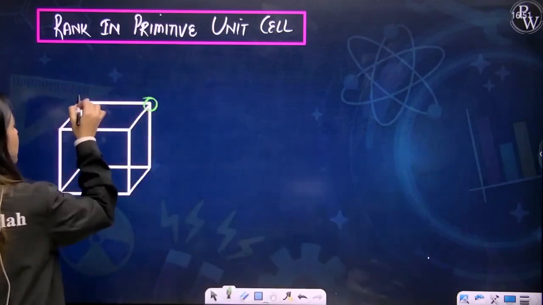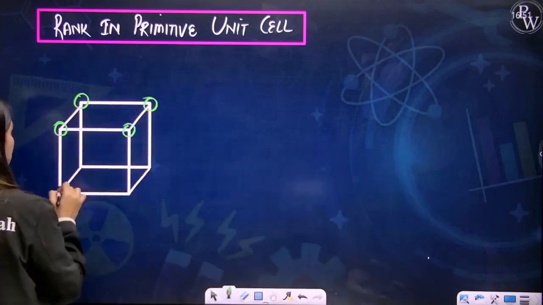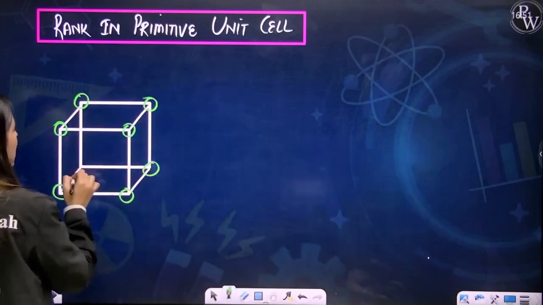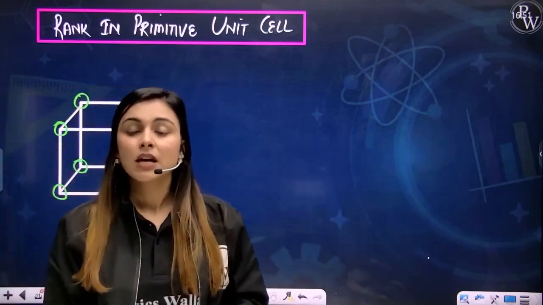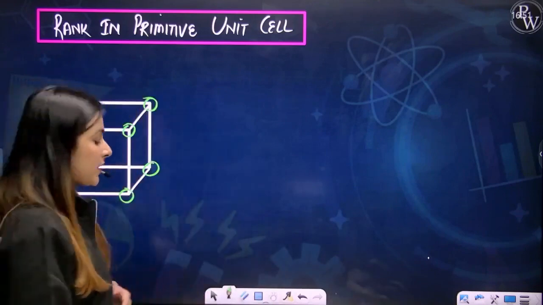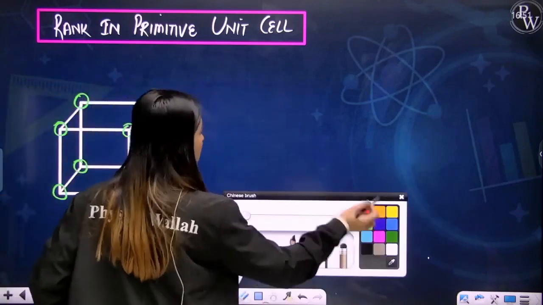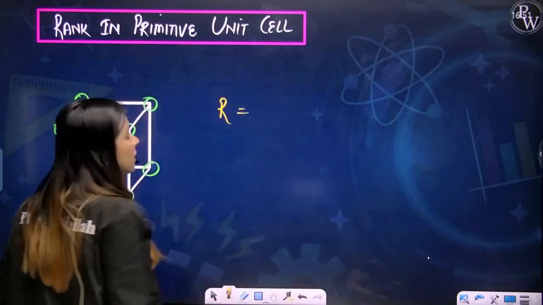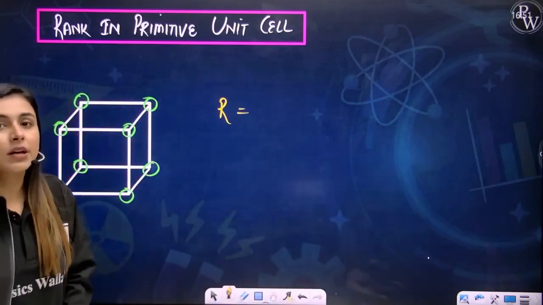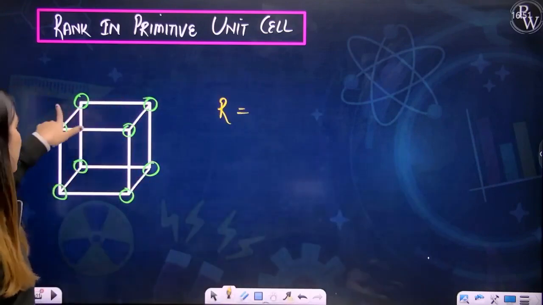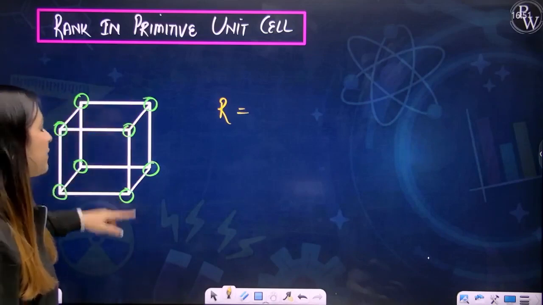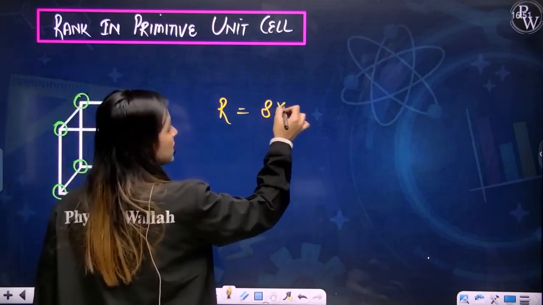Yes, so atom would be here, as well as here. So I need to calculate the rank, and I know the formula for rank, that is number of atoms at the corner into 1/8. How many corner atoms are there? 1, 2, 3, 4, 5, 6, 7, 8. So 8, and the contribution is 1/8.